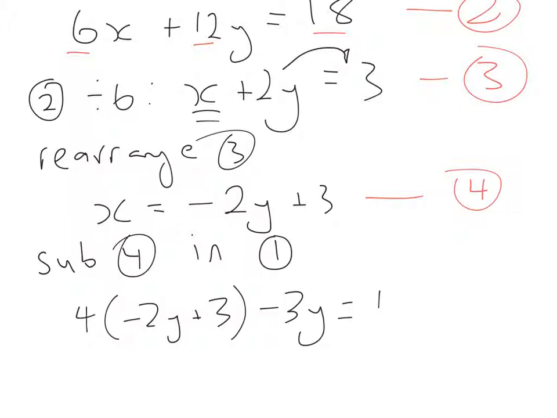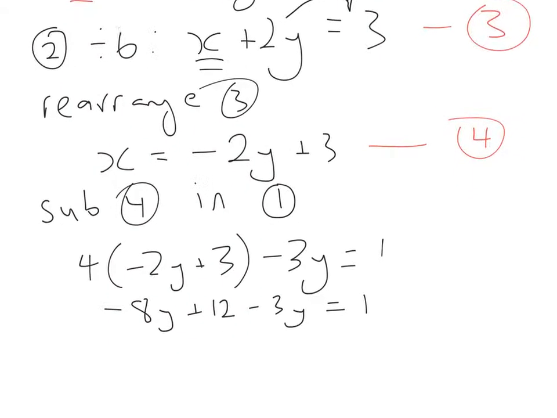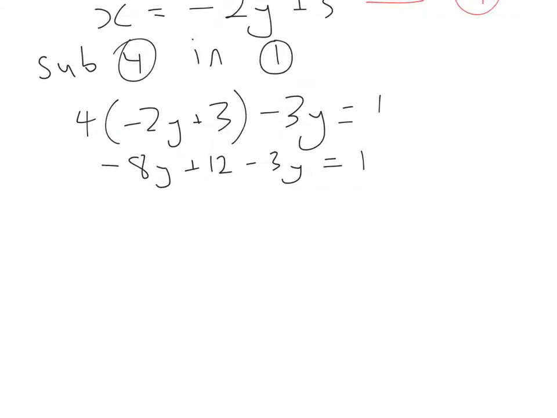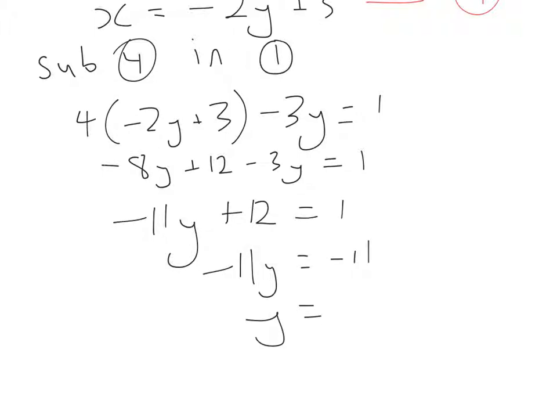We've just got one equation, one variable, solve it to get y. So minus 8y plus 12 minus 3y equals 1. And if we collect the like terms, we get minus 11y plus 12 equals 1, minus 11y equals minus 11, y equals 1.